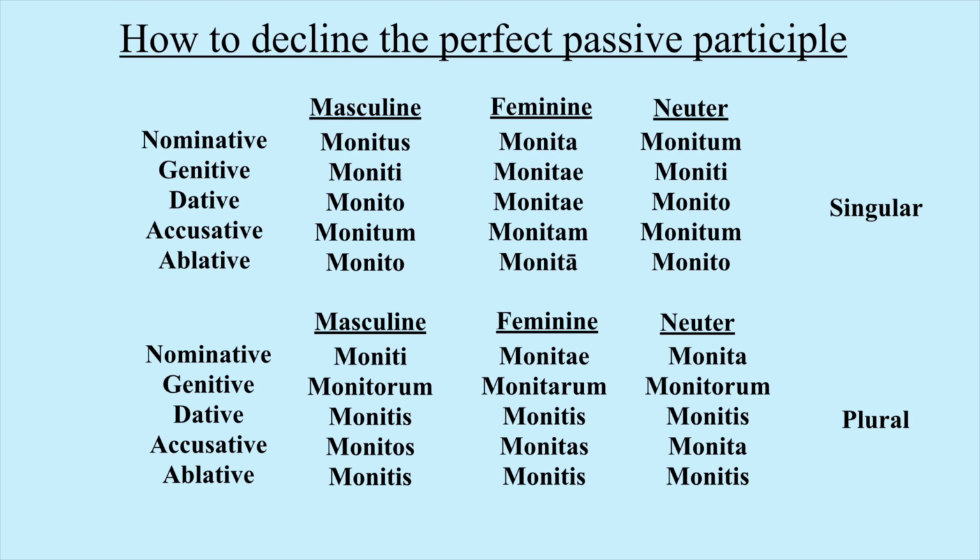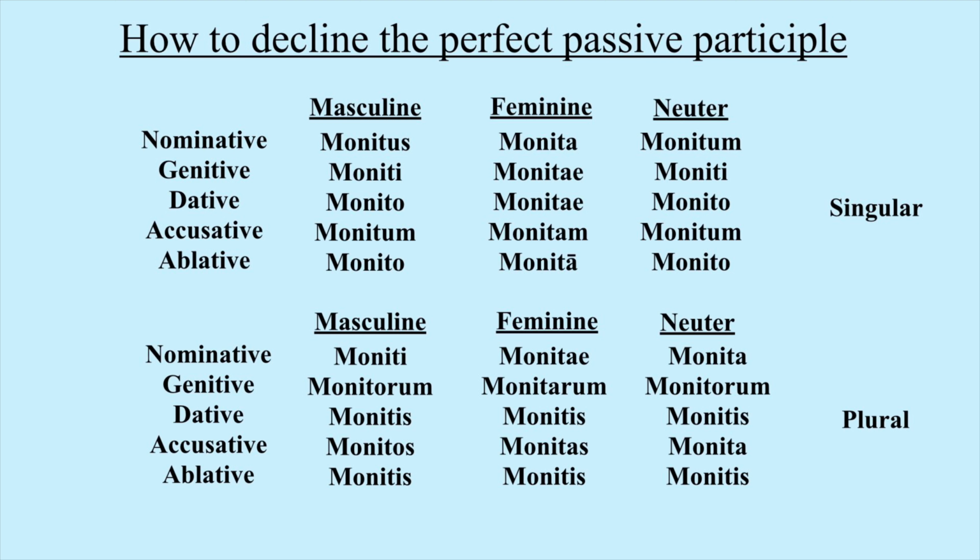Just in case you are a little fuzzy on the bonus, a, um endings, I have monitus listed out here. So of course we would translate this having been warned, or simply warned. And we can see, right, the stem monit is going to go all the way through, and then we're just using our us, a, um endings.